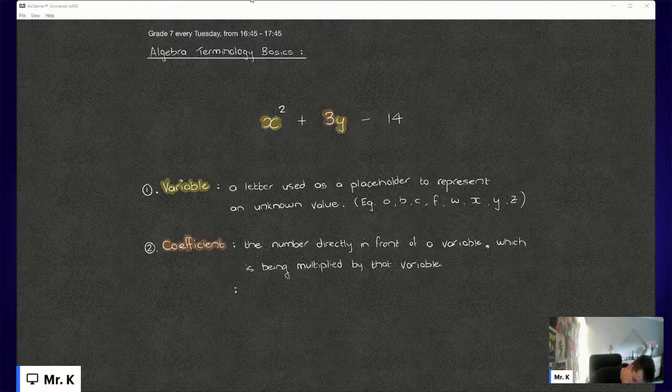So, for example, the number 3 over here is written in front of the y, 3y. That number 3 that we see is what we call a coefficient. But what about the letter x over here? What coefficient does x?